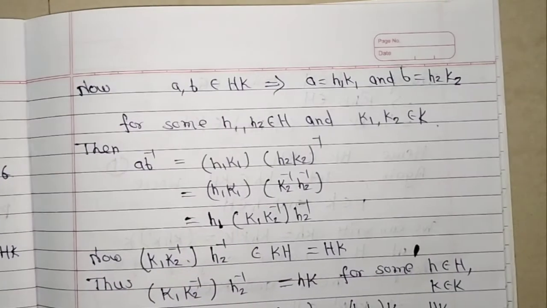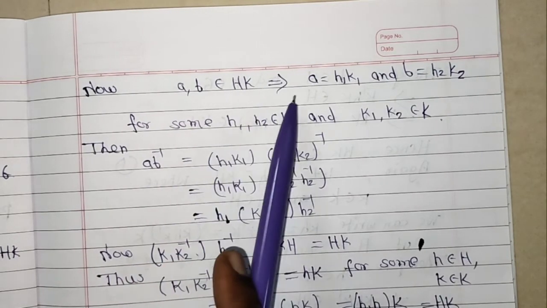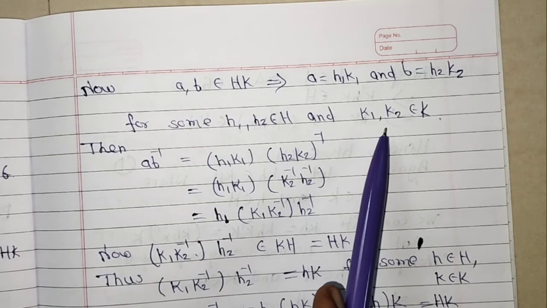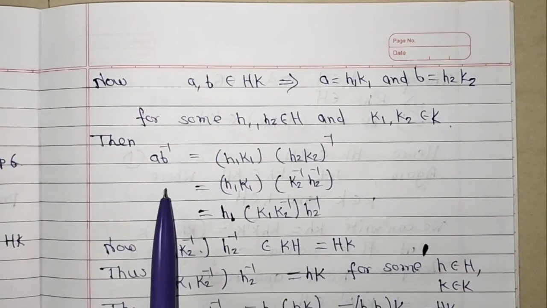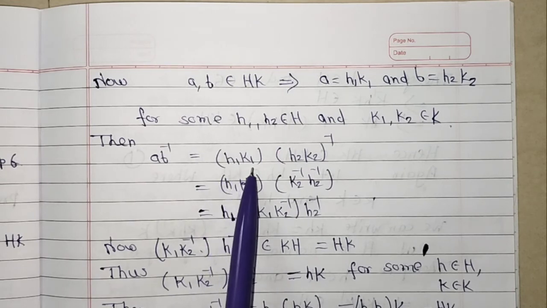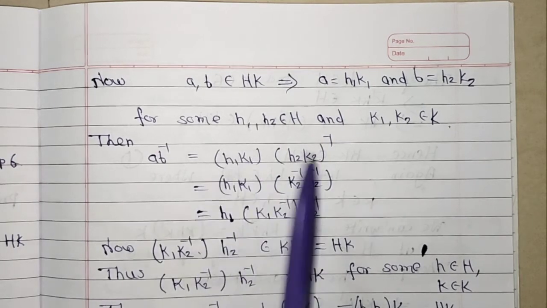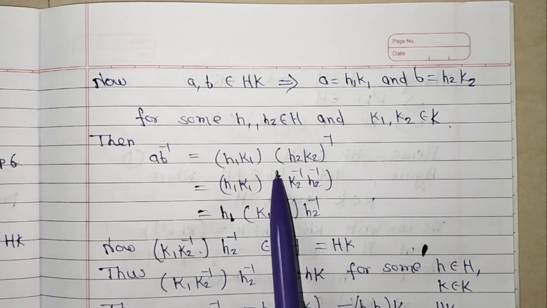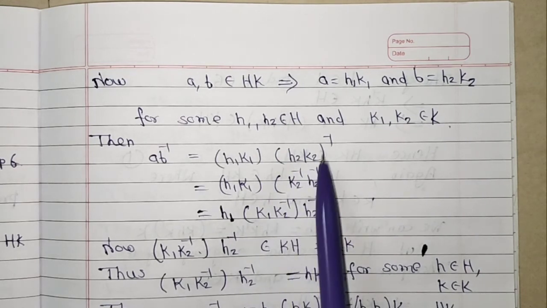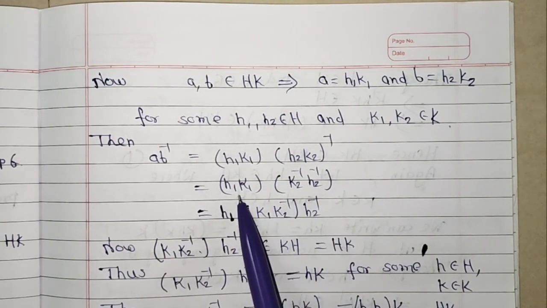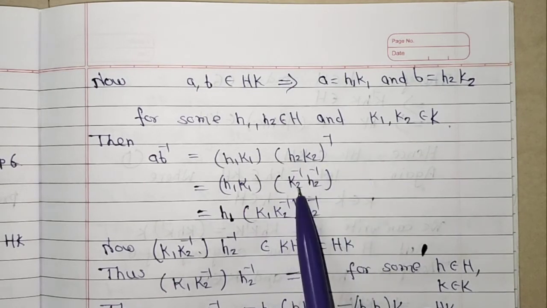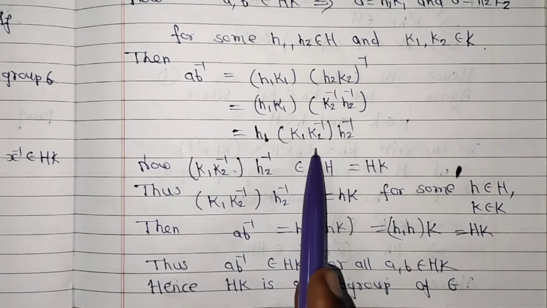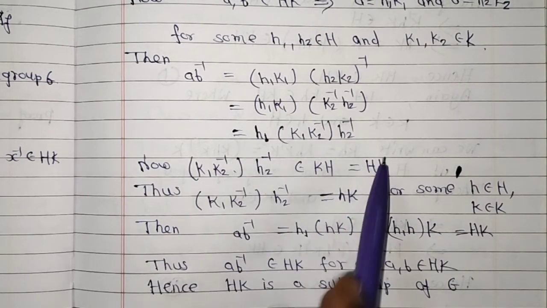Now a, b belongs to HK implies a equal to h1 k1 and b equal to h2 k2 for some h1, h2 belongs to H and k1, k2 belongs to K. Then a b inverse equal to (h1 k1) into (h2 k2) inverse, which is equal to h1 k1 into k2 inverse h2 inverse, which is equal to h1 into (k1 k2 inverse) into h2 inverse by associative property.